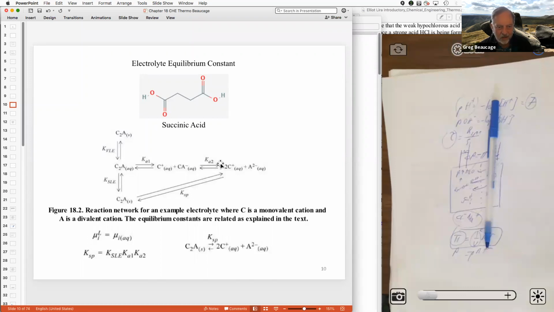In order to get from there to there, you have to go through that, and then that. You can't just go directly. So you have to reprotonate it and then reprotonate it, and then you can precipitate. Right, so that's how these things work. The equilibrium is between the liquid species, the aqueous species, the vapor and the solid.